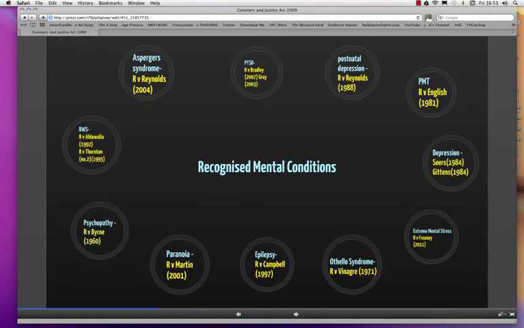So here are a number of recognised medical conditions, and they are much wider under the Coroners and Justice Act 2009. So if you look at what's on that screen there, you can see a whole array of medically recognised disorders.